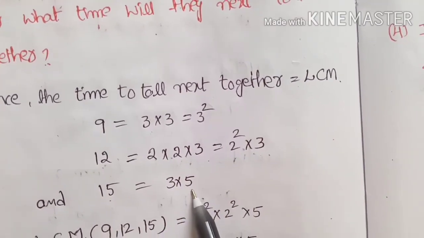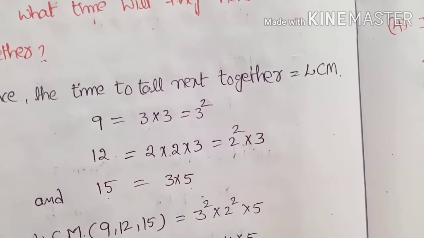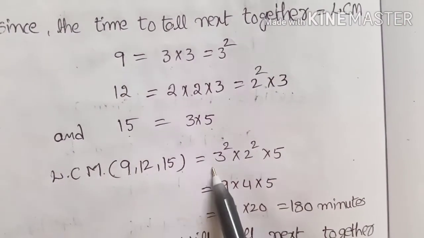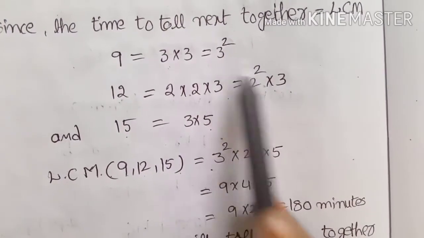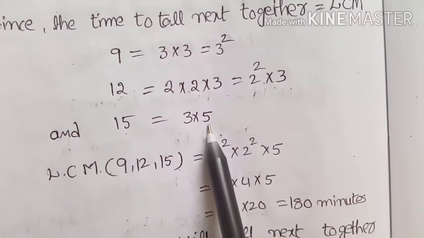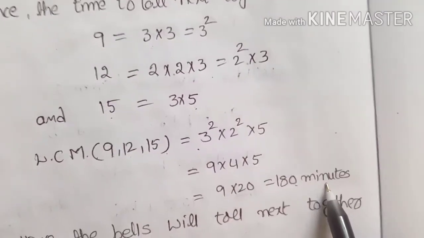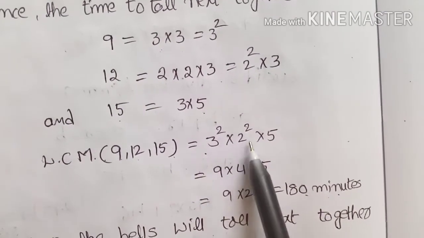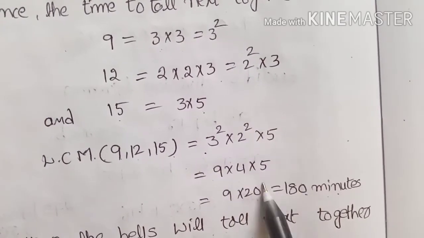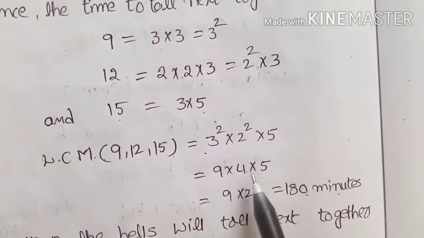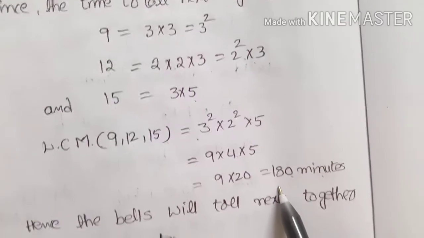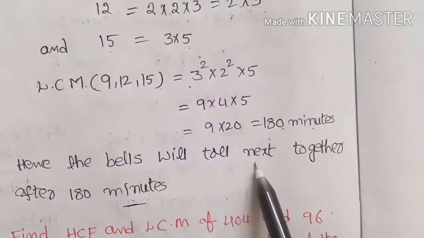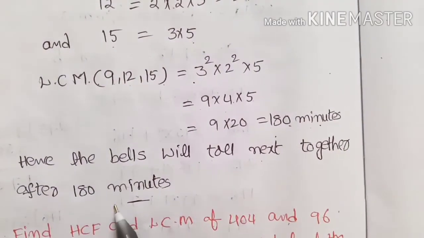LCM of 9, 12, 15 is 3² × 2² × 5, that is equal to 180 minutes. Since 3² is 9, 2² is 4, 9 × 4 is 36, 36 × 5 is 180. Hence the bells will toll next together after 180 minutes.